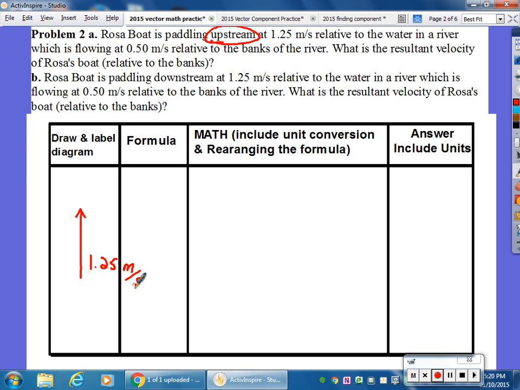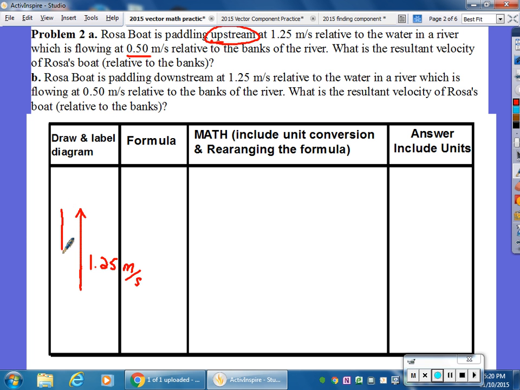And now it says that the water flows 0.5 meters per second relative to the bank of the river. So it's going to flow in a direction. So she's going upstream, which would be against the current flow, right? Because water flows downstream.